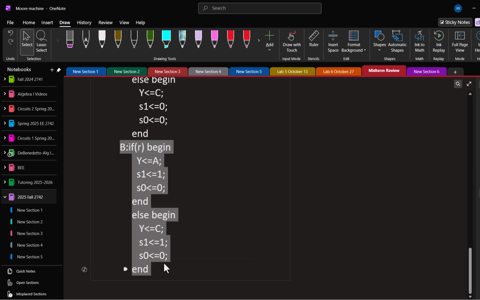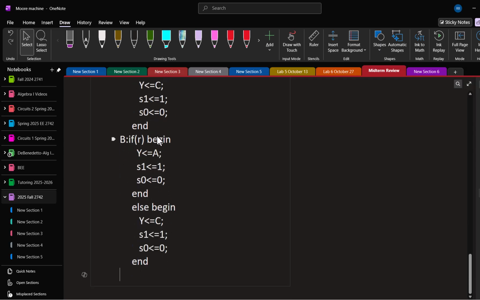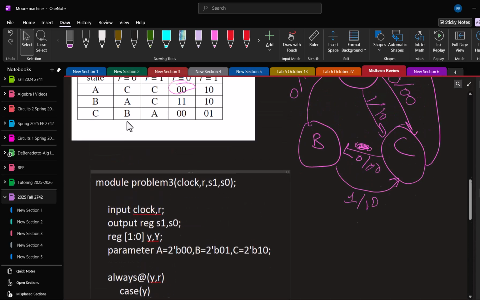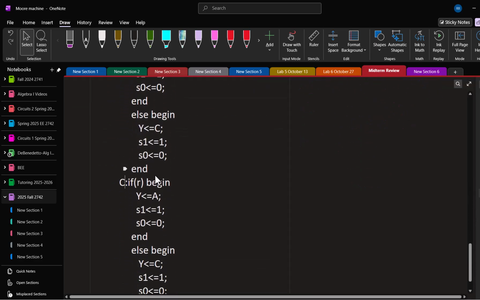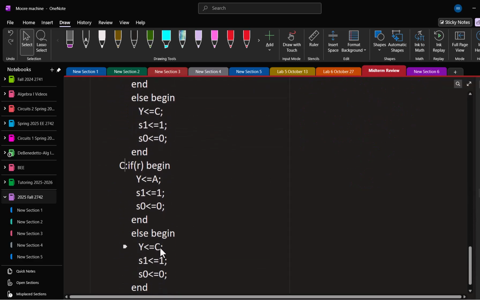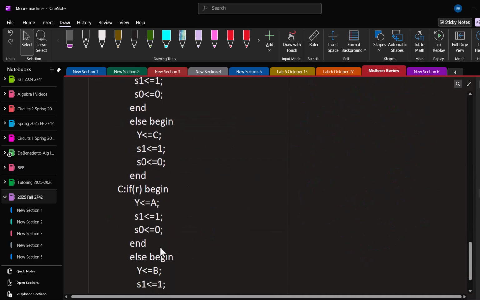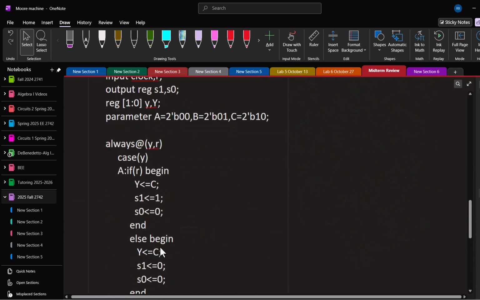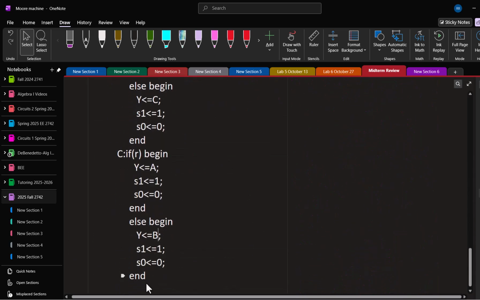And then state C, so I'll copy state B. And from state C, if R equals 0, the next state is B. That's the else. And if R equals 1, the next state is A. That's the if. And for 0, it's 0, 0.